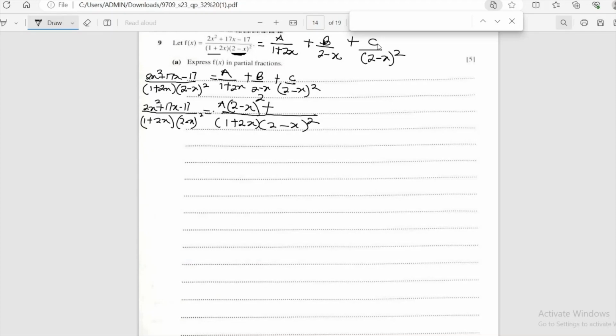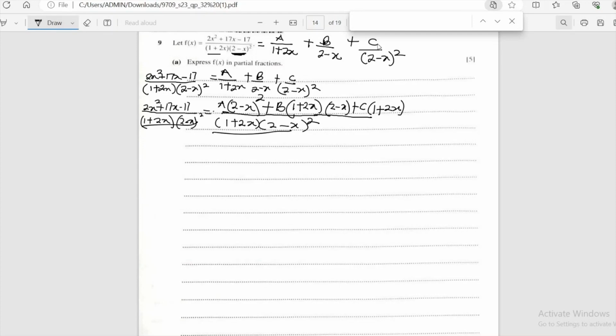For the 2 minus x under B, if you divide the LCM by it and multiply by B, you have B times bracket 1 plus 2x, bracket 2 minus x. For the 2 minus x squared under C, divide the LCM by it and you have 1 plus 2x, and now multiply by C. So it leaves us with this.